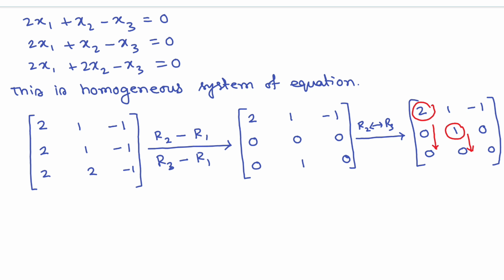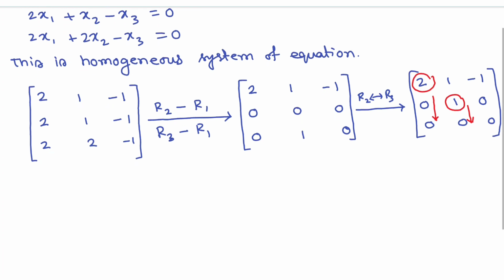Now tell me, will this have a unique solution or infinite solutions? Obviously in this matrix the number of variables is 3, but the number of pivots, that means the rank, is 2, and when the rank is less than the number of variables you will get infinite solutions.